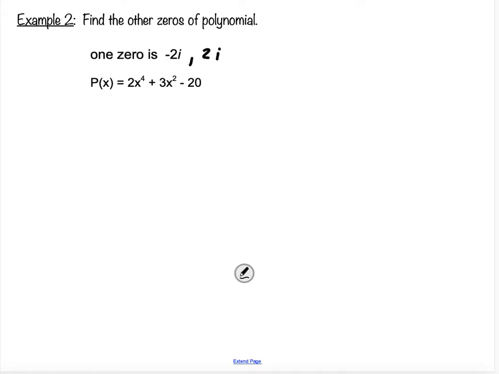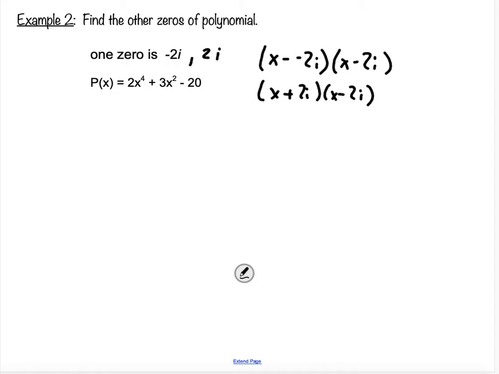So to write that out, you've got a minus there that becomes a plus. Go ahead and fold that out.